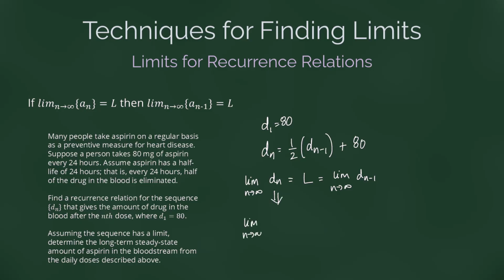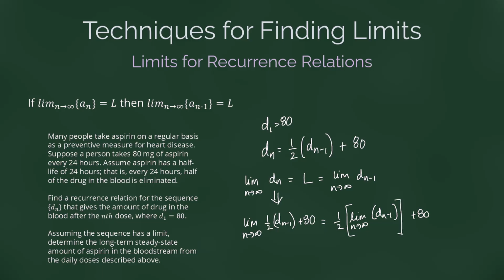That is going to be the limit as n approaches infinity of 1/2 d sub n minus 1 plus 80. And then we can use some limit rules, move the 1/2 out in front. And then, of course, the limit as n goes to infinity of 80 is just 80, so we have a plus 80 over here outside of our limit.